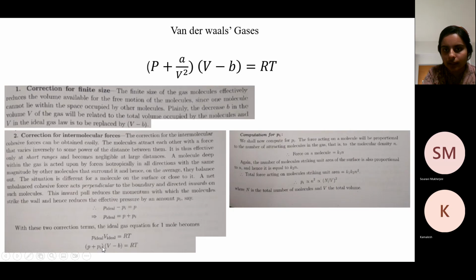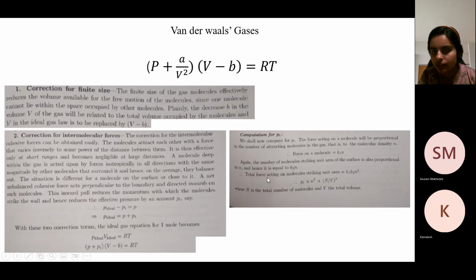Now if you have to evaluate or compute Pi, you'll see that it depends on the force. The force acting on a molecule will be proportional to the number of attracting molecules in the gas, so it's proportional to the molecular density. And then it is also proportional to the number of molecules striking per unit area.